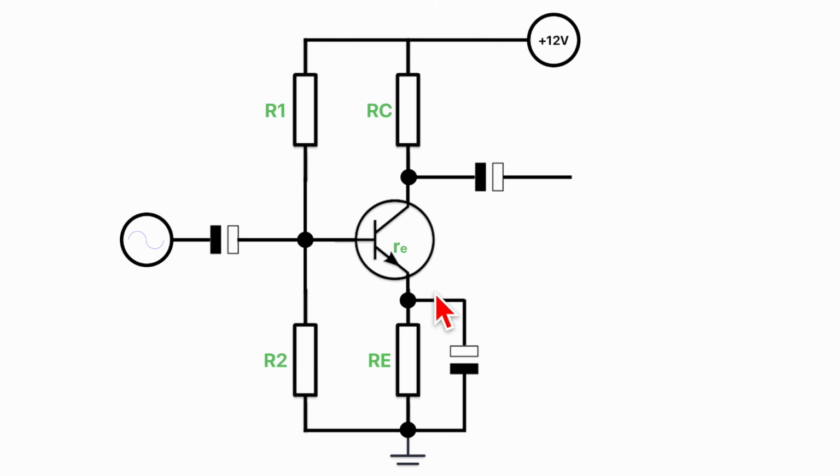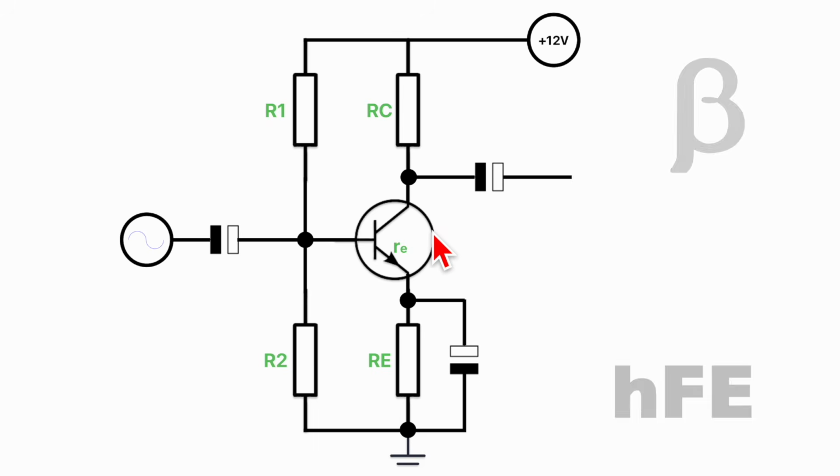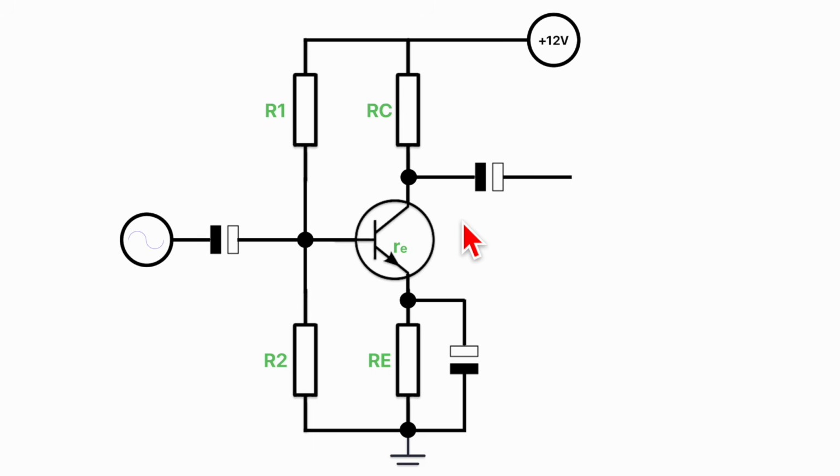Just how large compared to the base current depends on a factor called beta, sometimes called hFE in the data sheets, and this is the gain of the particular transistor, and that can vary from one transistor to the next. Essentially what we're going to do is set all these currents and voltage levels so that when we put our audio signal waving up and down on the line there in, we take our output off here on the collector, and it'll be an inverted form because we're taking it at the collector, but that's absolutely fine.